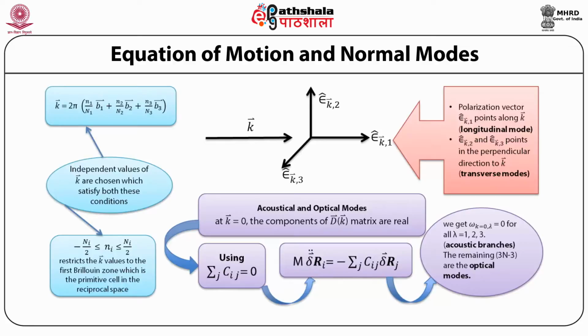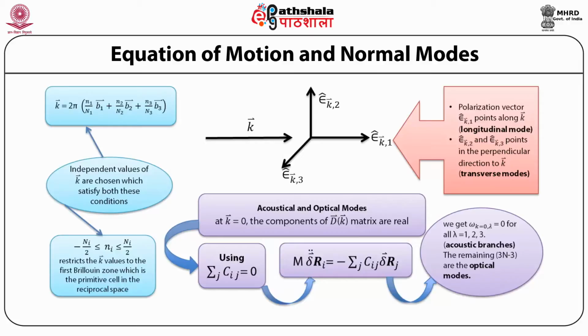The displacement delta R_i from the previous equations for k equal to 0 is real and k independent. If we use the special property of this C_ij matrix, that is, the summation over j of C_ij is equal to 0, we immediately get that omega(k equal to 0, lambda) is equal to 0 for all lambda equal to 1, 2 and 3.